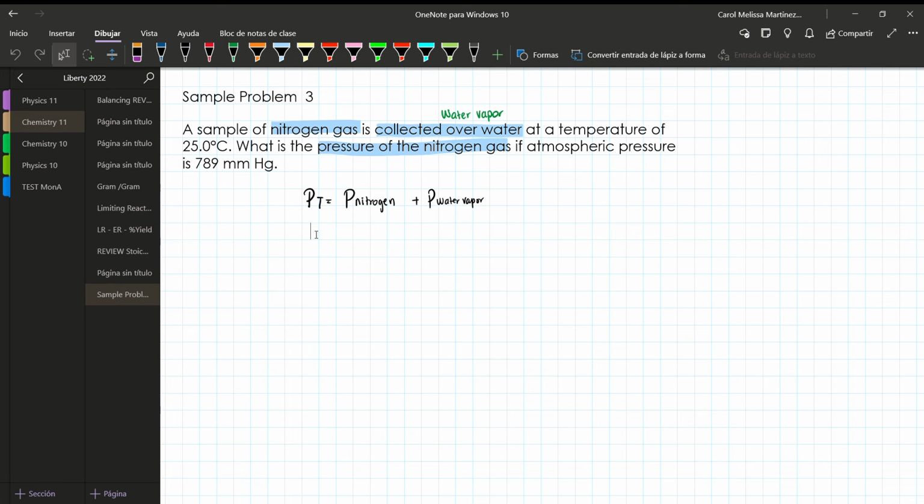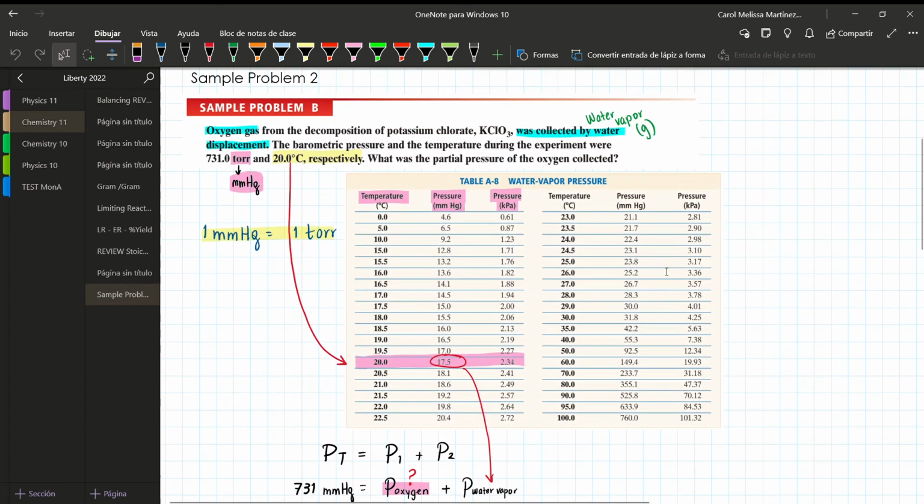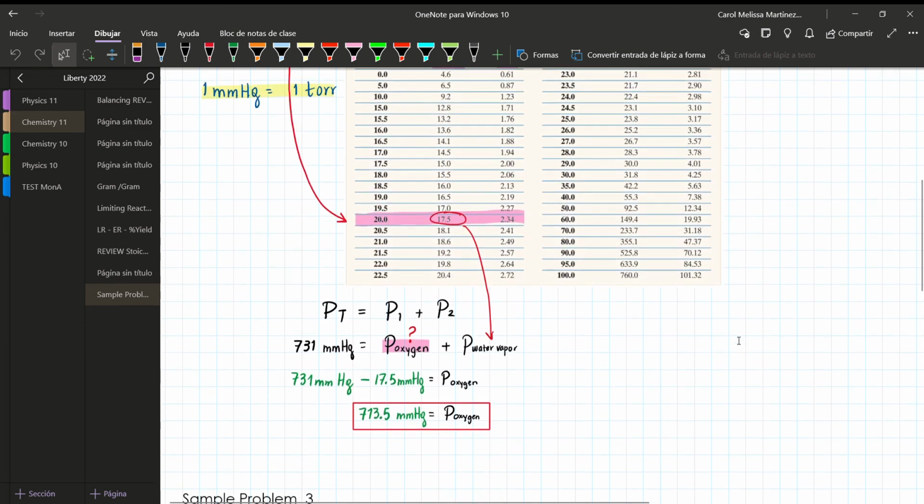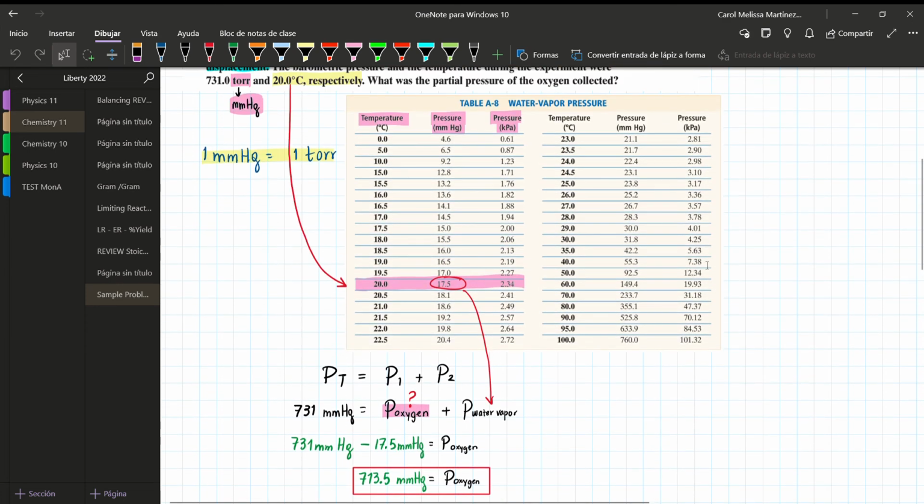No, I don't have it, but it's in the table. They're giving me a temperature. So I go back and look for the table, and I will look for the temperature of 25. Okay, the problem is giving me a temperature of 25, so I go and see the table, specifically in the temperature of 25, which is right here.